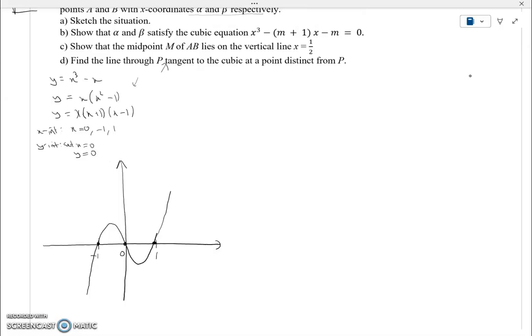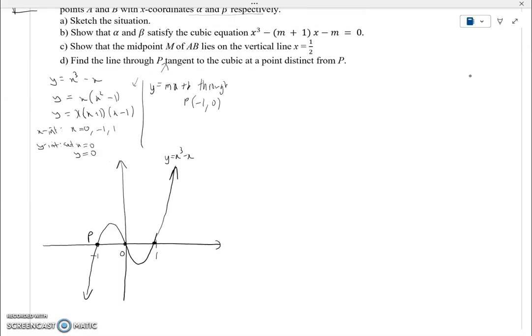So that's y equals x cubed minus x, and the other thing I need to sketch in this graph is y equals mx plus b, and we're told it goes through the point P, which is at (-1, 0). So (-1, 0) is the point P, and my straight line has to go through that point.